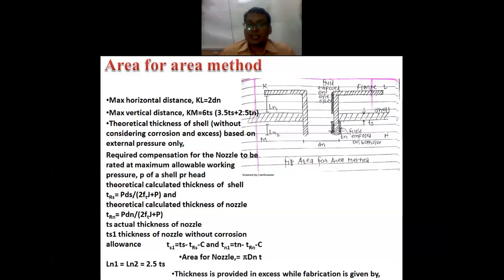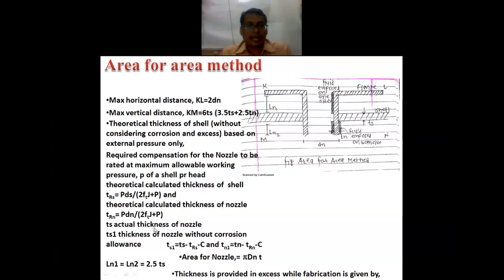That means to the theoretically calculated thickness you are adding the corrosion allowance and the round off. So Ts is the actual thickness that is used.